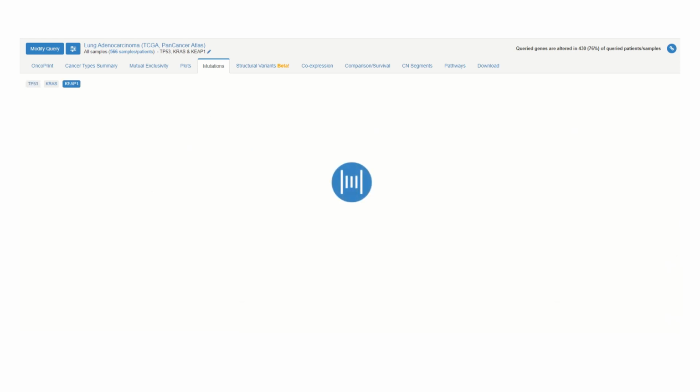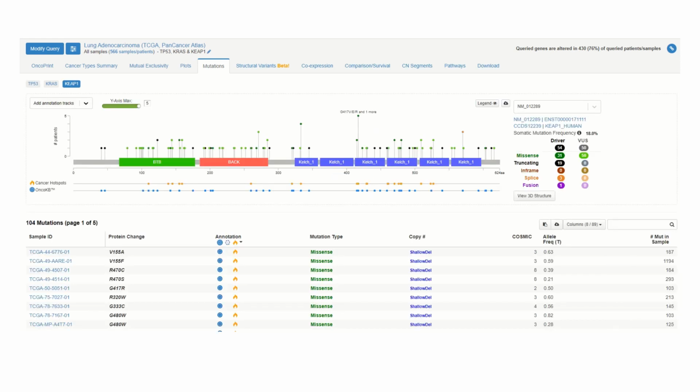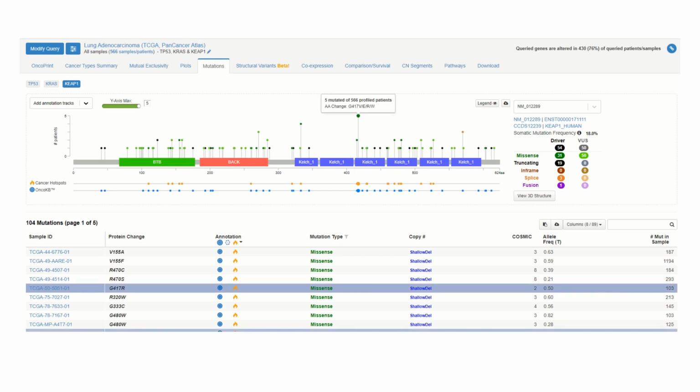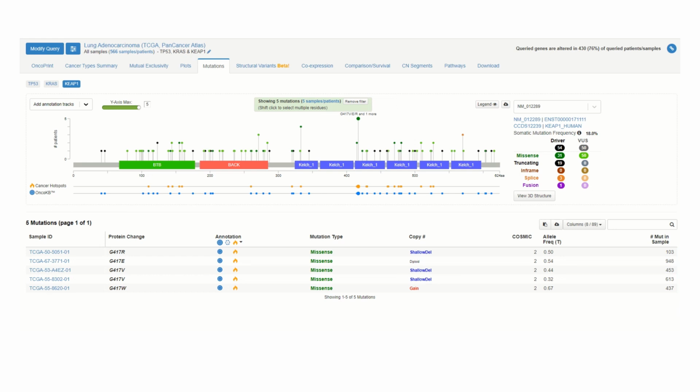KEAP1 is another example of a loss of function mutation. This gene has one more significant peak, an amino acid change, a G change to either R, E, V, or W. We can press on the lollipop to see all 5 mutations.